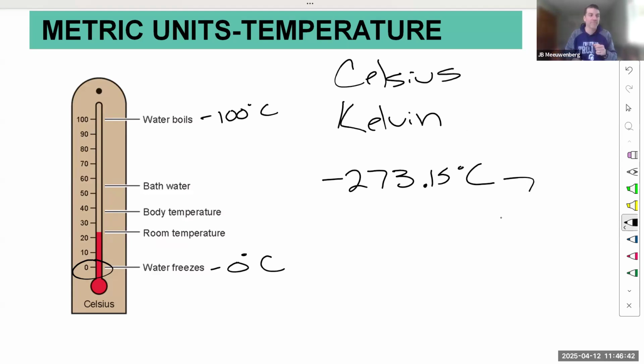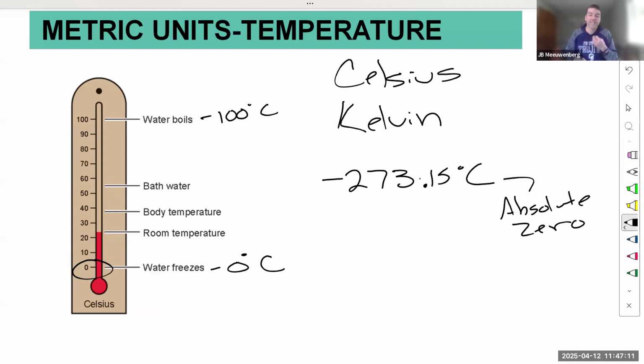This is called absolute zero. You essentially cannot have anything colder than that, because again, once all molecular movement stops, it can't stop more than being stopped. And this was discovered by British mathematician and physicist William Thomson, who was known as Lord Kelvin.